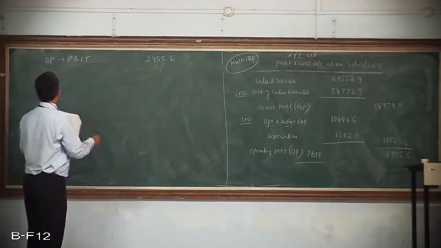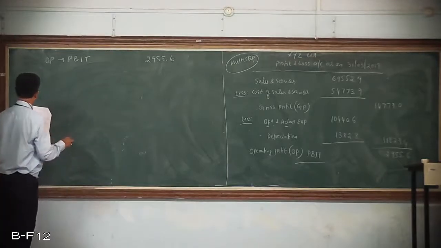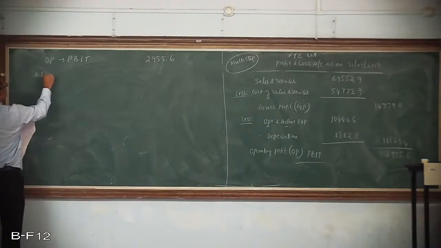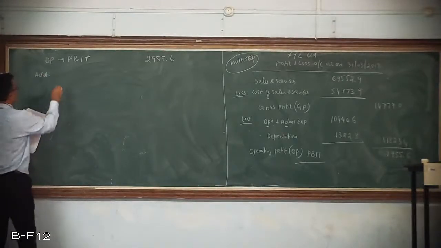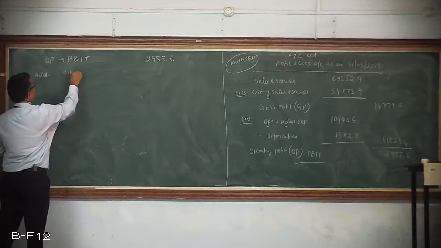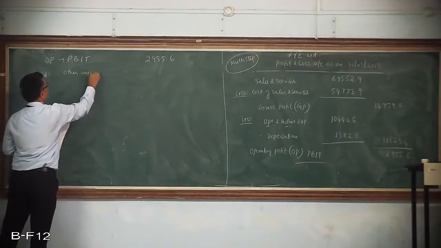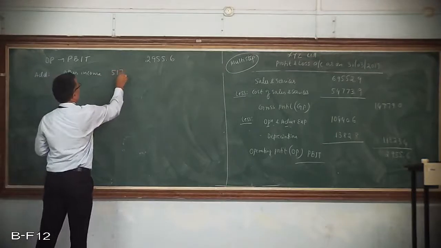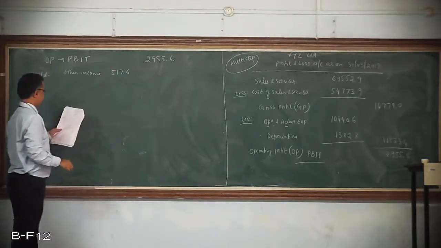Now for this operating profit, you add other income, that is 517.6 lakhs.